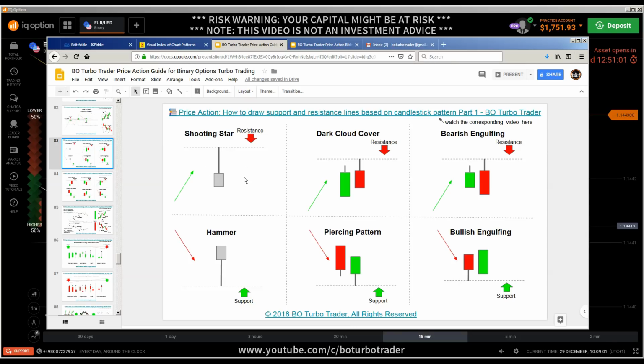That's a shooting star, but this can be used for any gravestone and any other candlestick pattern. And you see here we have a dark cloud cover, or the bearish engulfing candle. You see that it's a reversal pattern, and every reversal pattern has resistance at the upper shadow or the higher high, and support at the lower low. That is what every candlestick is about.